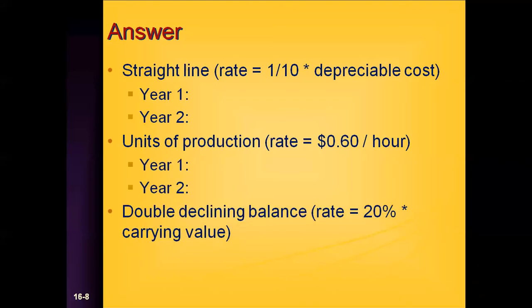And then for the double declining balance, you take the rate times the 20% carrying value for year 1 and year 2. So let's pause here and let's take a shot at calculating each of these values.